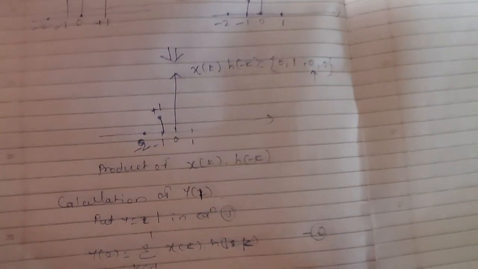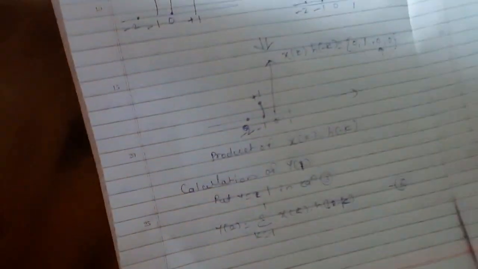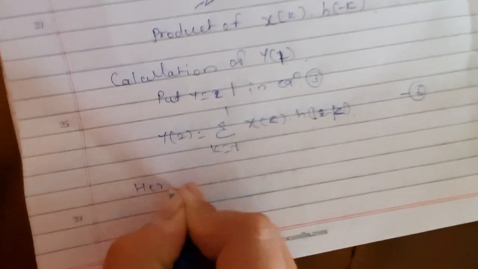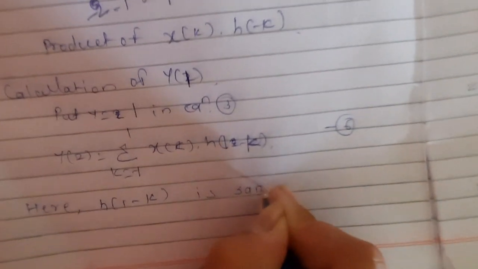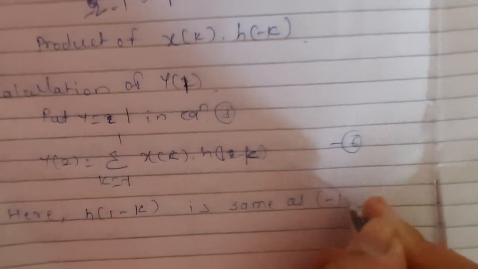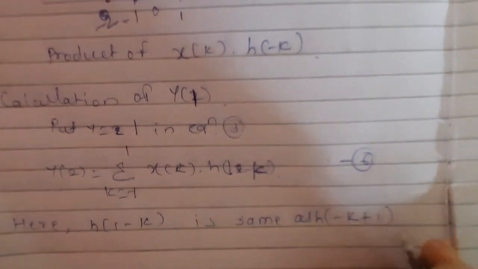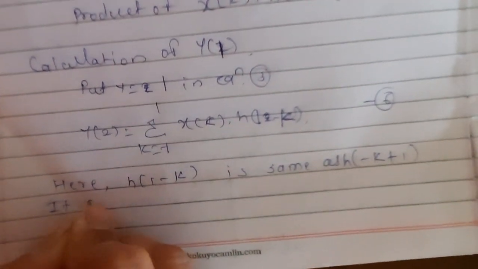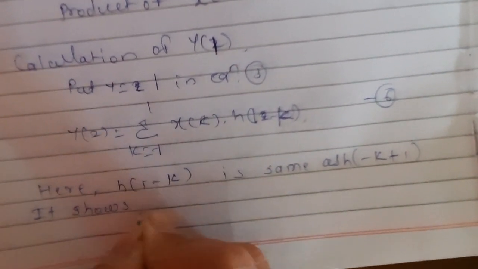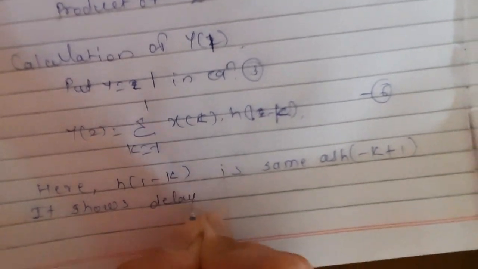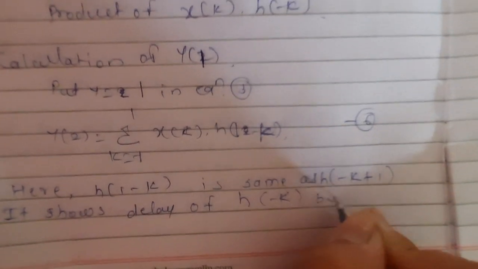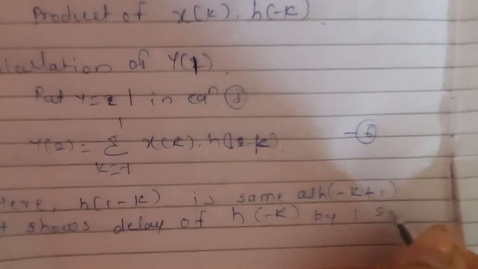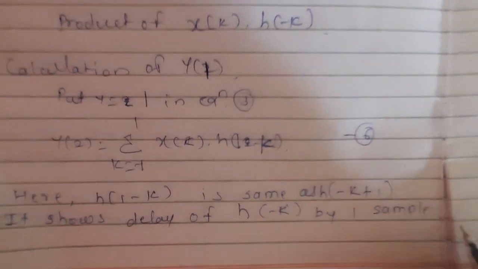Here h of 1 minus k is the same as h of minus k plus 1, and it shows delay of h of minus k by one sample.